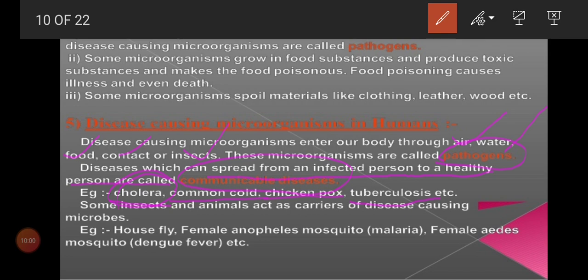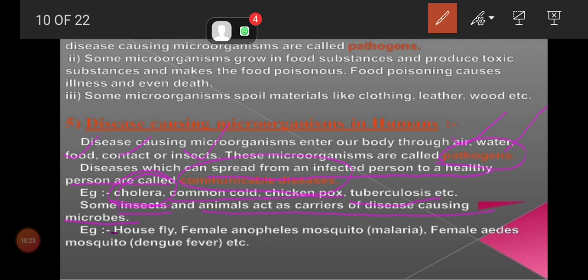Now you want to remember all those 4 diseases are caused by different kinds of microorganisms, and some insects and animals act as a carrier to carry some microorganisms. So because of an insect bite, or because of some animals also, human beings will get some diseases. And what are the examples for those insects?